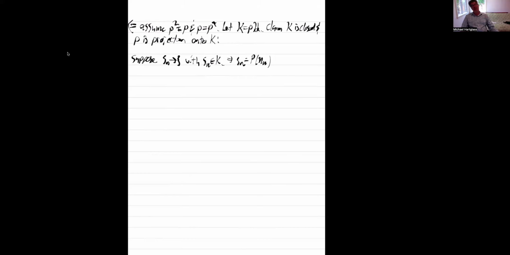But we can actually do a little bit better than this. I know that P squared is equal to P. So this actually tells you that P of Cn is equal to P of P squared of An by applying P to both sides. Let me make it clear to say lowercase p here. Okay.